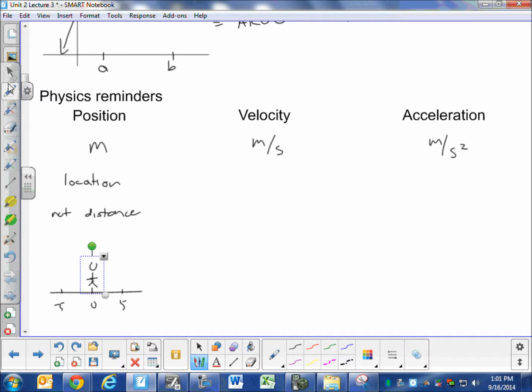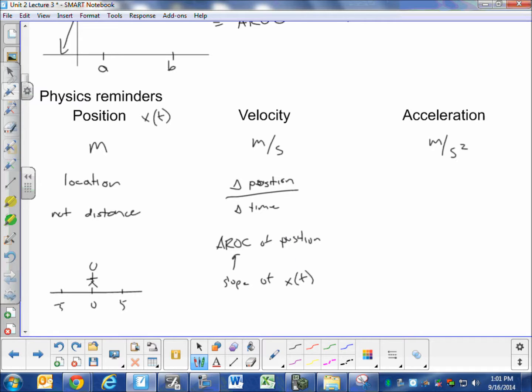Now, velocity is the change in your position over the change in your time. Or it's the slope of position, the average rate of change of position. And for position, we usually use x of t as the equation, t being time, your input, x of t being your position.